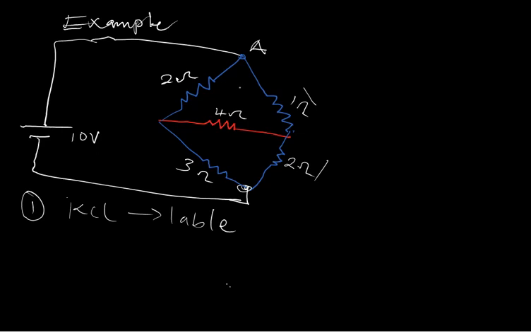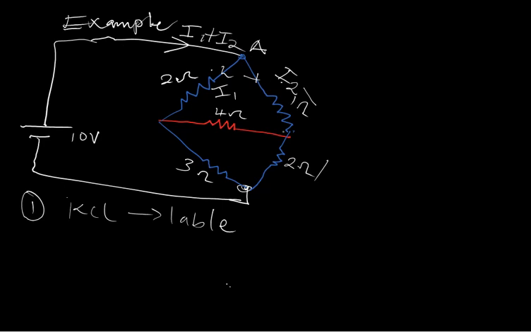Let me call the current that passes through the branch of the 2 ohm resistor I1, then this one I2. These two currents are moving away from this junction, so their sum is equal to the current entering the junction. So the current from this main branch is I1 plus I2.